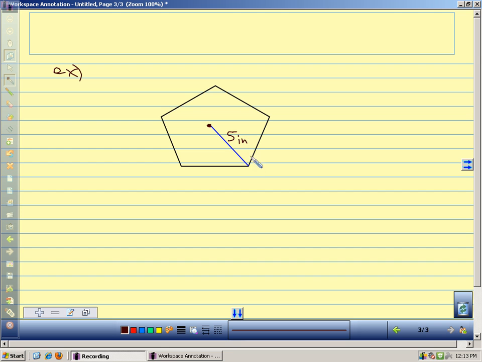And let's say that is 5 inches and the side length is 6 inches. And we want to find the area. And we're going to say this is a regular pentagon.